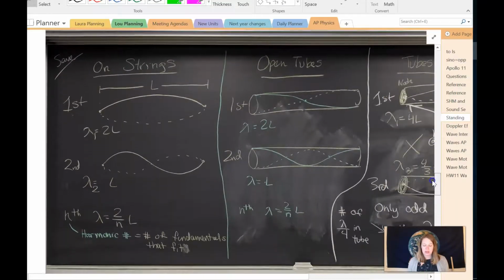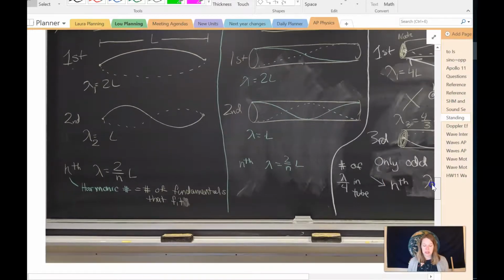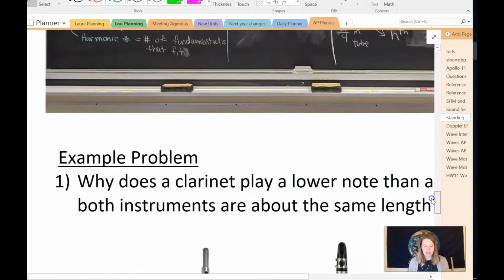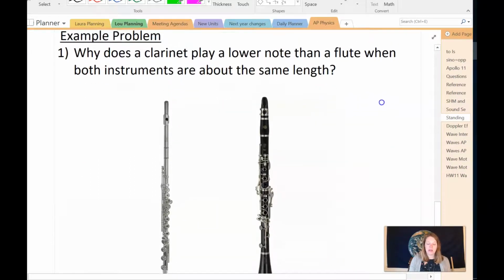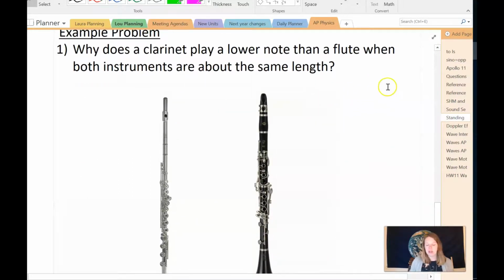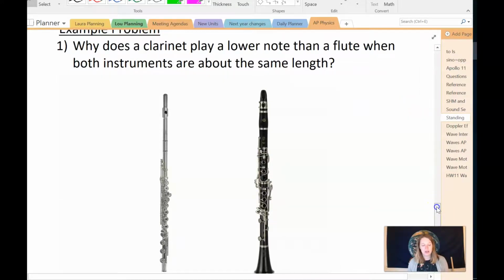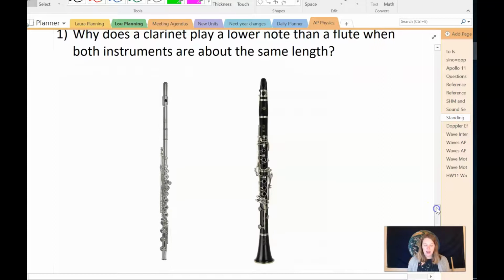This was a picture of the board that was there on Friday. And we can look at some example problems. So why does a clarinet play a lower note than a flute if both instruments are about the same length? Feel free to pause and consider this question. The flute is open at both ends, whereas the clarinet, with your mouth over the top of it, is closed at one end.